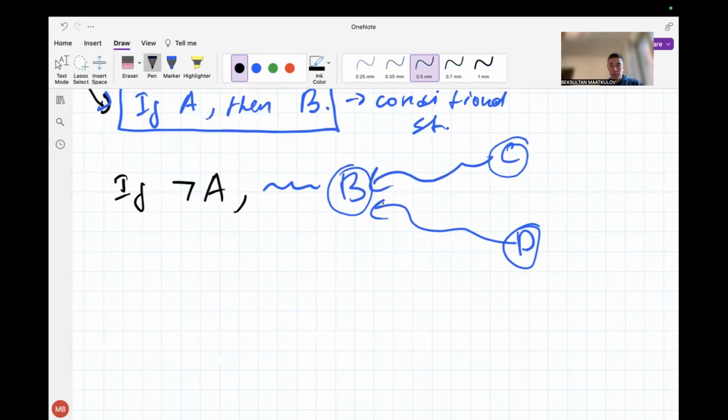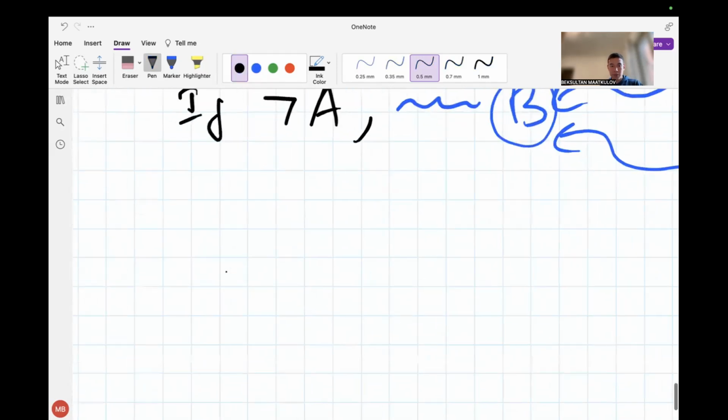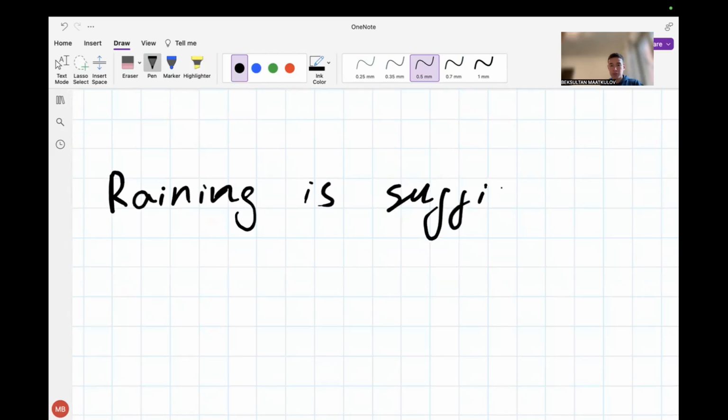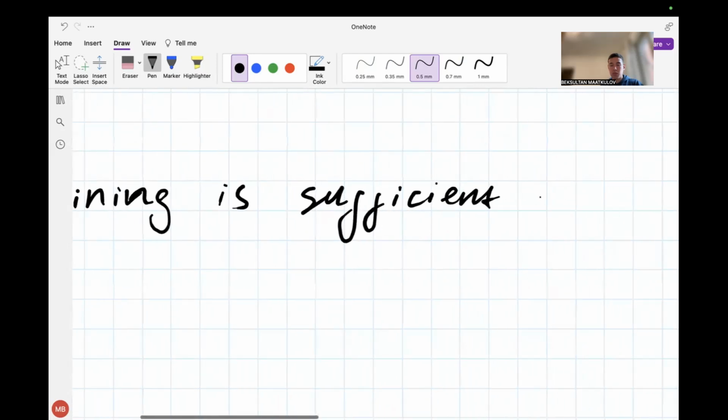Let me give you an example. Raining is sufficient for the ground to be wet.